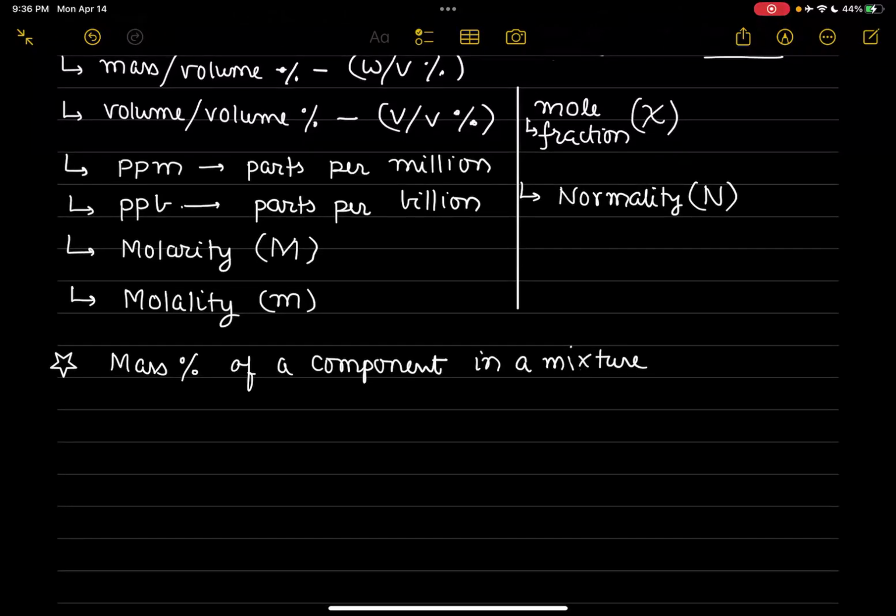So basically, in 100 gram, how much gram of a particular component is there, that is its mass percentage. In total 100 gram, how much mass is there, if you assume the total mixture to be 100 grams.